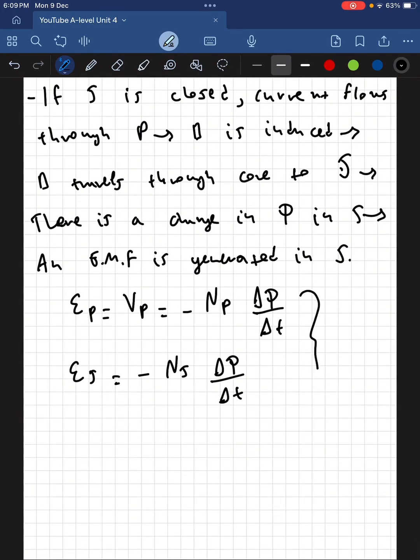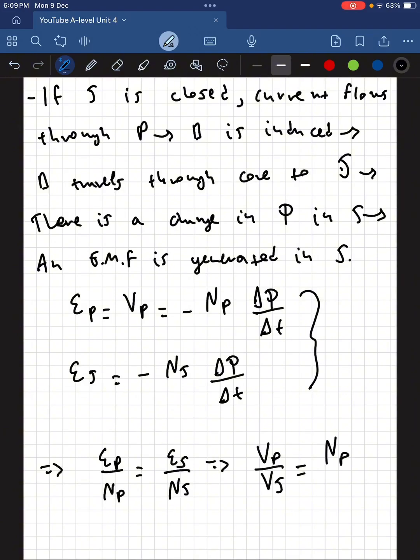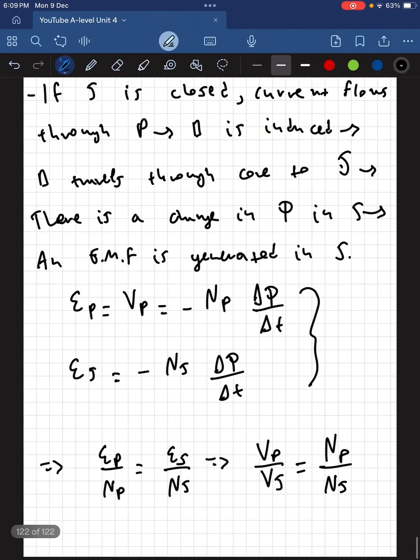So from here we see that EP over NP is equal to ES over NS. Therefore VP, the voltage in the primary coil, over VS, the voltage in the secondary coil, is equal to the number of turns of the primary coil over the number of turns of the secondary coil.